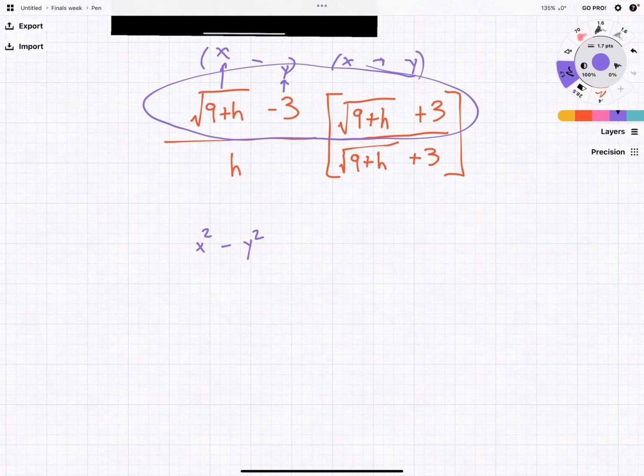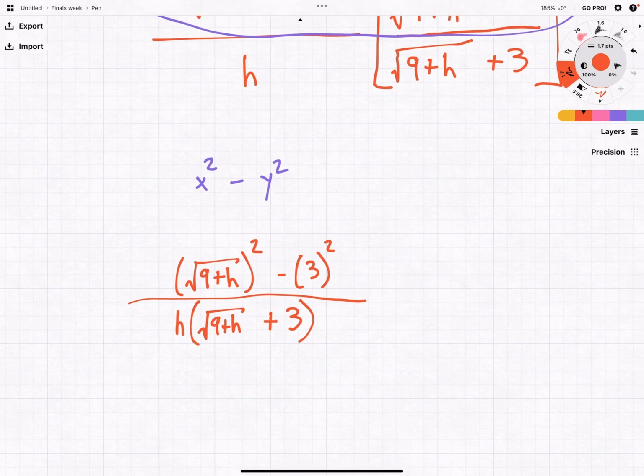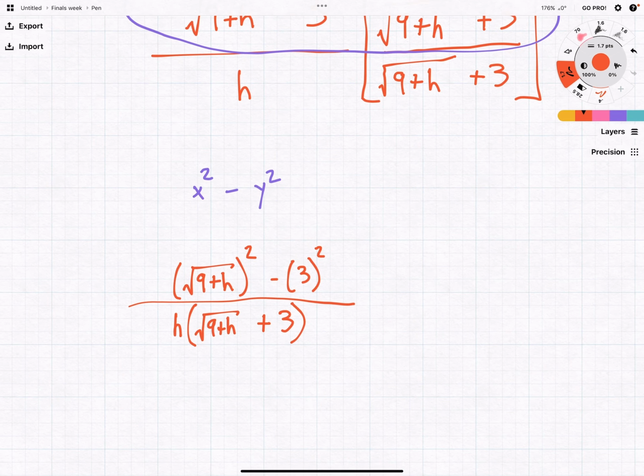And so that means that on the numerator, we are going to have 9 plus h quantity squared minus 3 quantity squared, all over h times root 9 plus h plus 3. And you'll see why this multiplying by the conjugate thing is so helpful, because this plus 3 on the denominator is really going to save us.